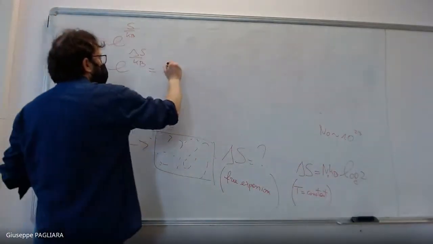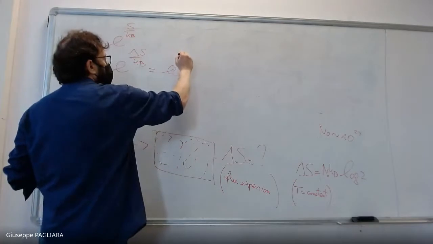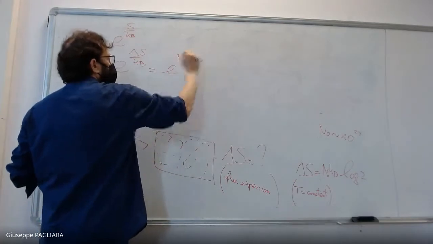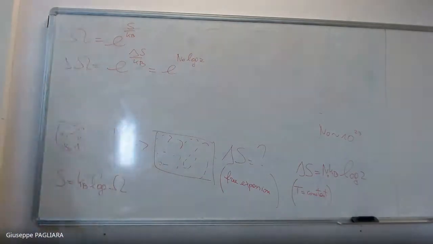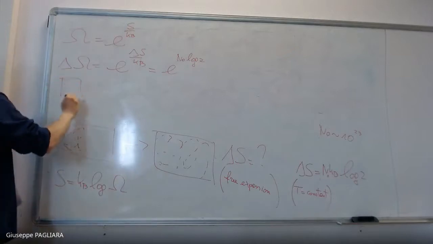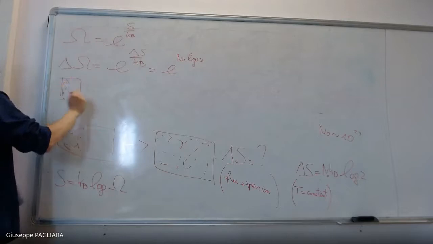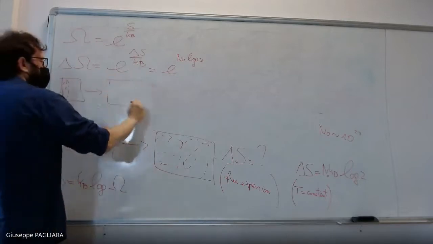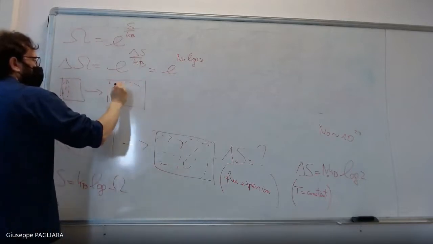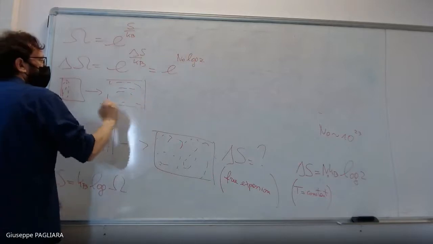So this is e to the n0 log of 2. Okay. So this is from the situation with half of the volume empty, to the situation with all the volume occupied.